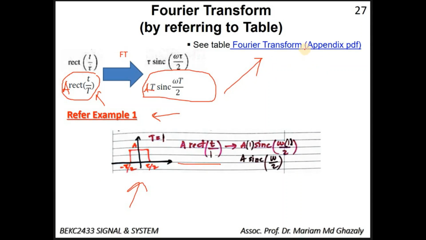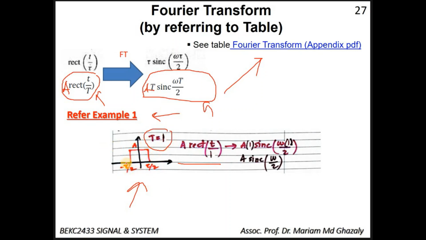After referring to the appendix of the Fourier transform pair, we have A tau sin(omega tau over 2), where A is the amplitude and tau is the period of the signal itself.